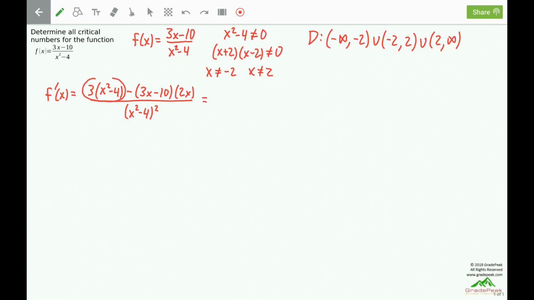In the numerator, we will distribute the 3 in here. That will give 3x squared minus 12. We'll distribute the negative and the 2x in here. That'll give a negative 6x squared and a positive 20x.